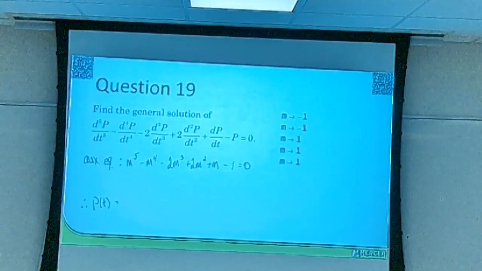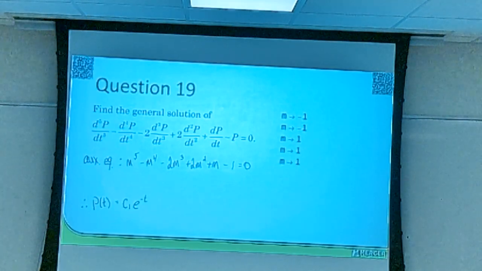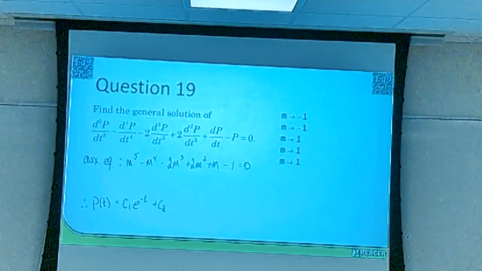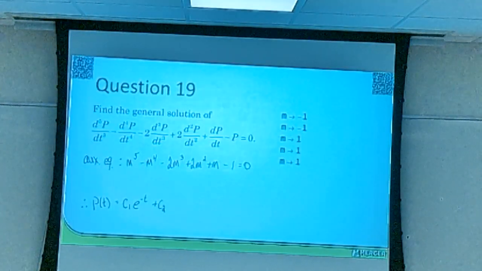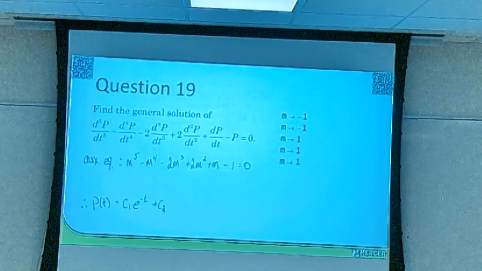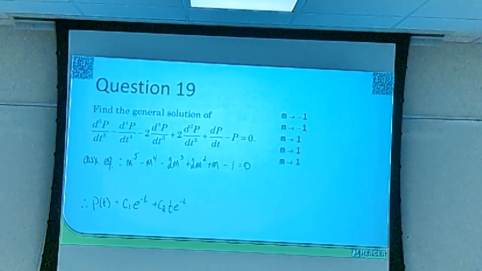y of t equals C1 e to the negative t, plus C2, the root's negative 1 and we had it once before, so t e to the negative t.